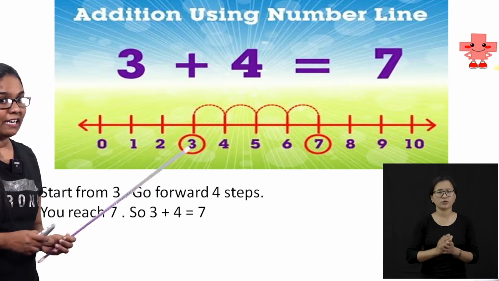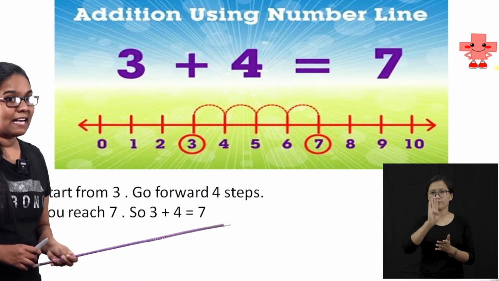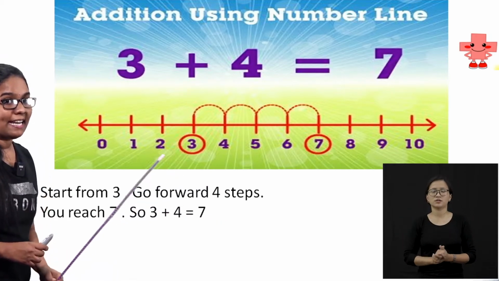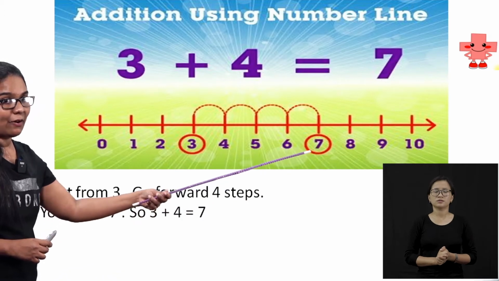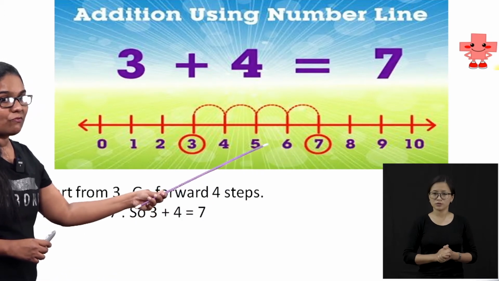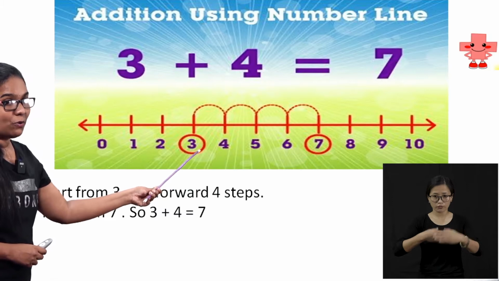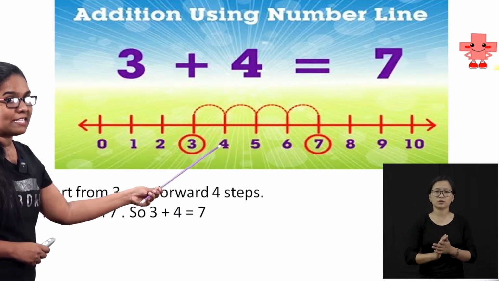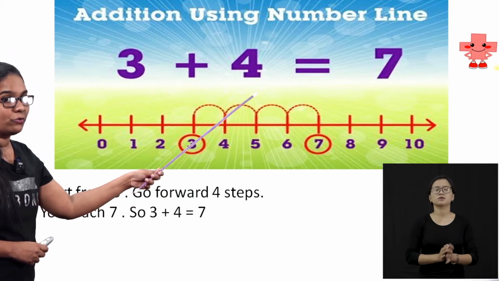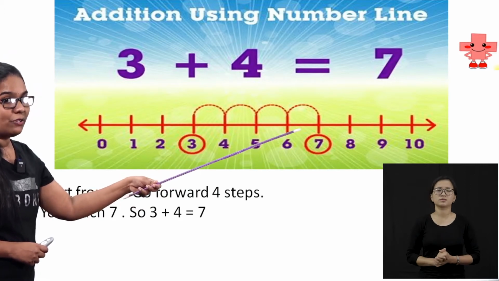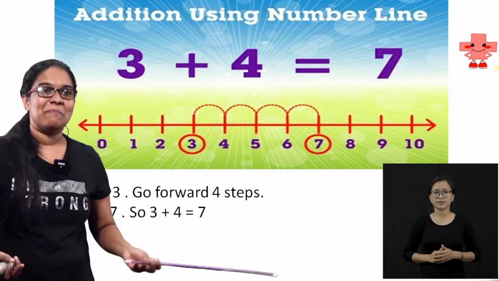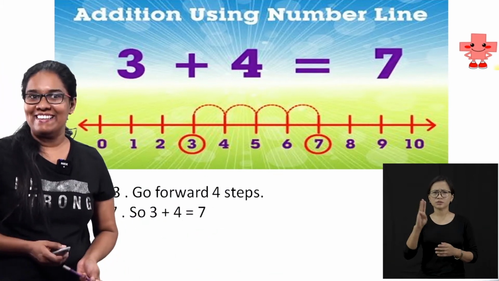Go forward 4 steps, then you reach 7. First you start from 3, then go forward 4 steps: 1, 2, 3, 4. Then you reach 7. So our answer is 7. 3 plus 4 is equal to 7.